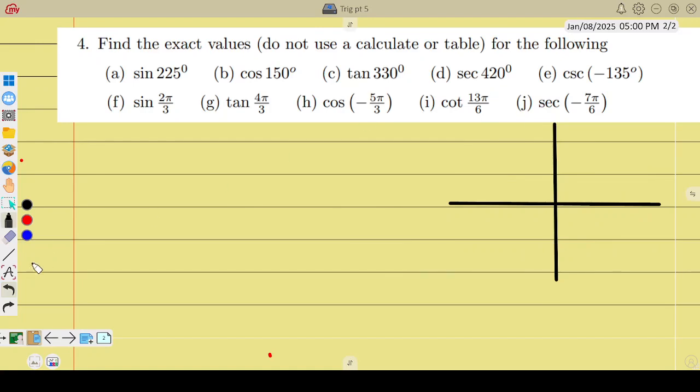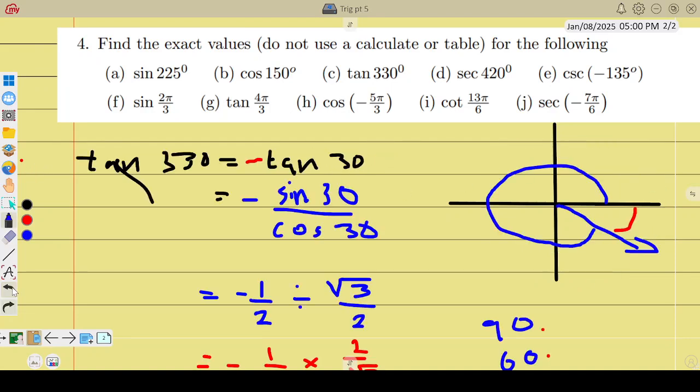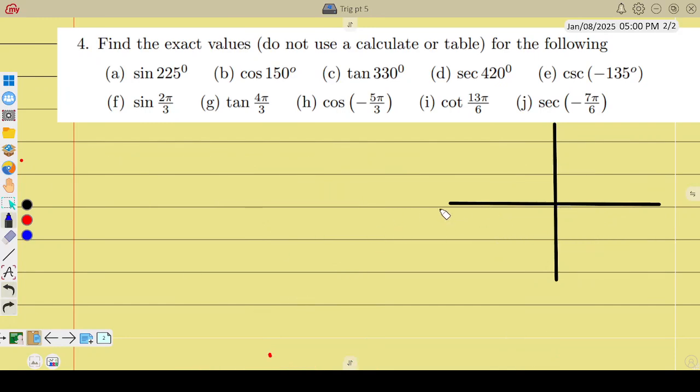So for 420, it looks like this: 90, 180, 270, 360, and then we continue going. So this will be like 360 plus 90. You are going in circles. So when we subtract 360, it means we're reducing the circle. That is just the general thing.